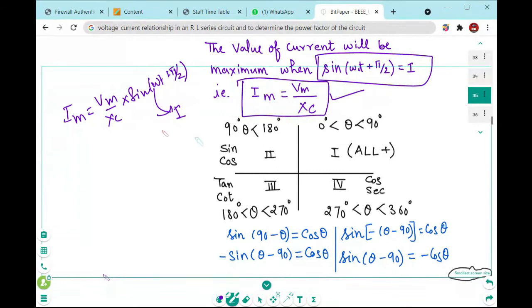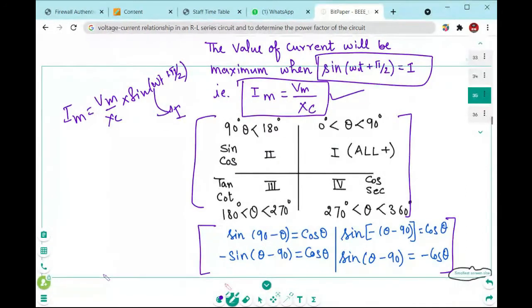Okay, and how will you find out this factor? This will depend upon the quadrants. In the first quadrant, all are positive. In the second quadrant, sine and cosec are positive. In the third quadrant, tan and cot, and in the fourth quadrant, cos and secant. Okay, and you can find out these equations using the formula right here.